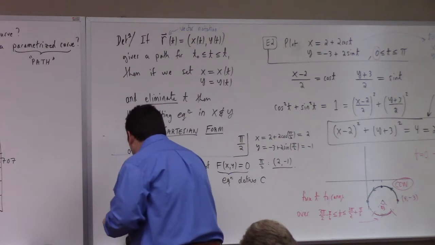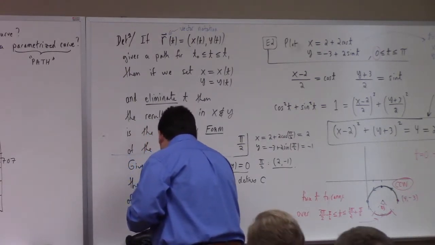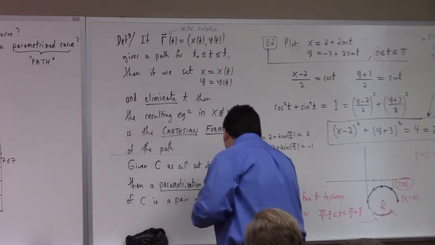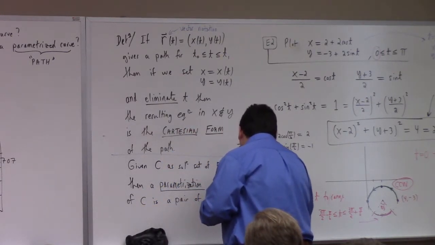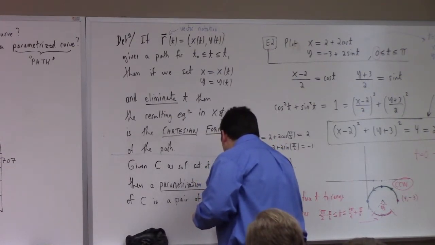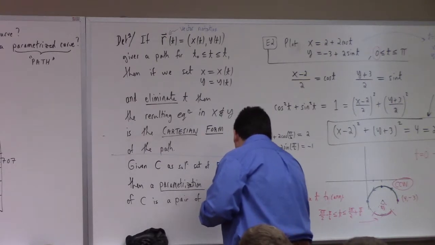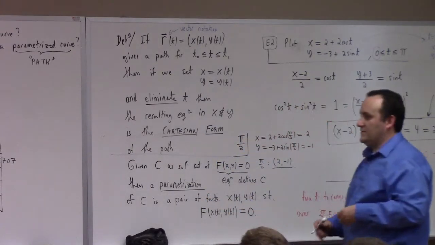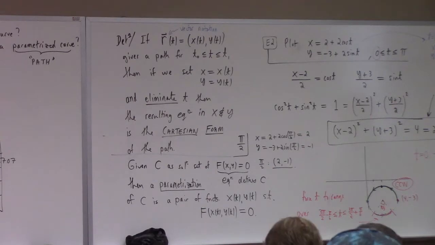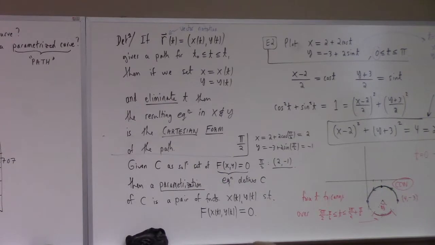A parameterization of C is a pair of functions, say x of t and y of t, such that F of x of t comma y of t is equal to 0. In other words, it's a pair of functions that when you plug it into the defining equation for the curve, it works. This is what I did last class to find the parameterization of the circle and the hyperbola that we looked at. All right?